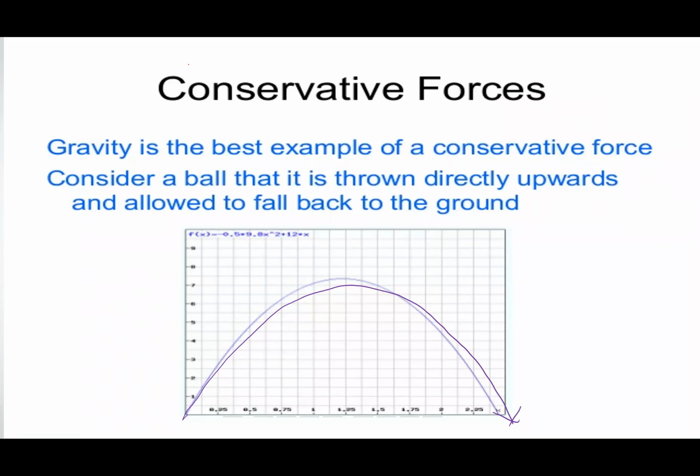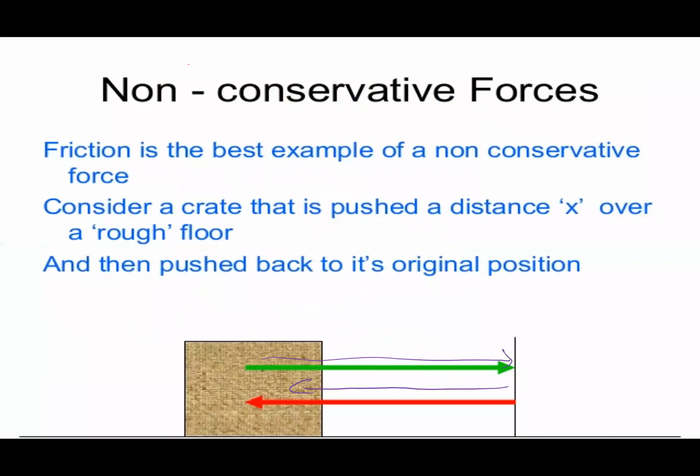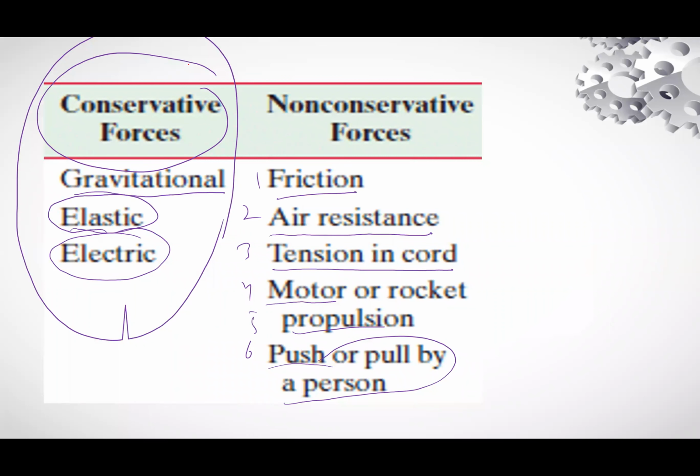Gravity is the best example of a conservative force. Friction is the best example of a non-conservative force. Conservative forces: gravitational force, elastic spring, electric field. Non-conservative: friction, air resistance, tension in a string, motor or rocket propulsion, push or pull by a person.